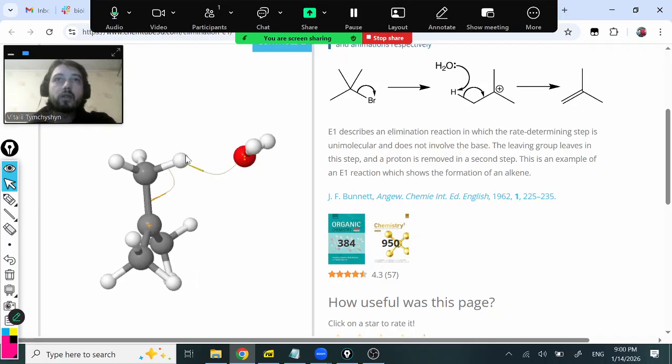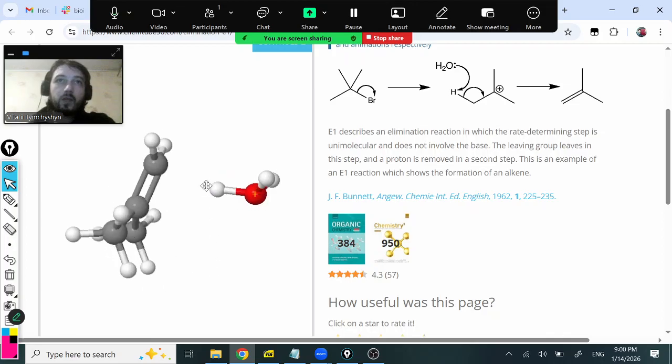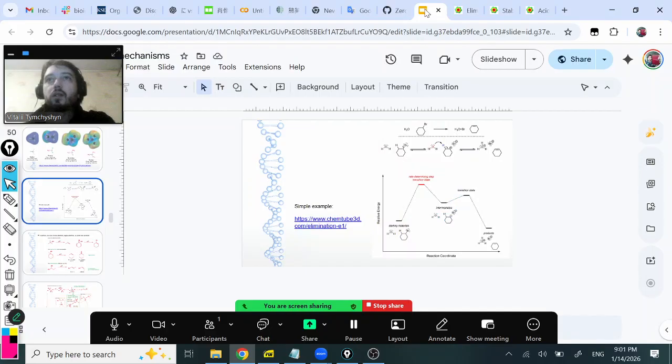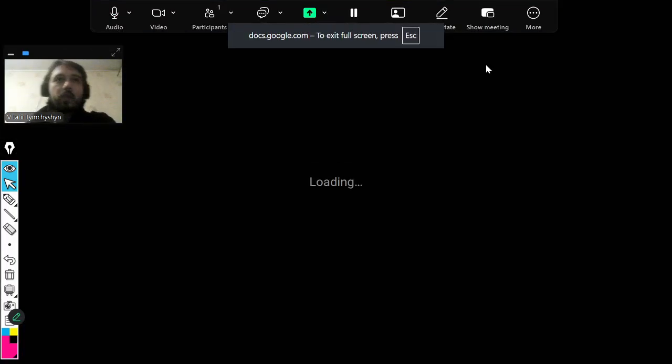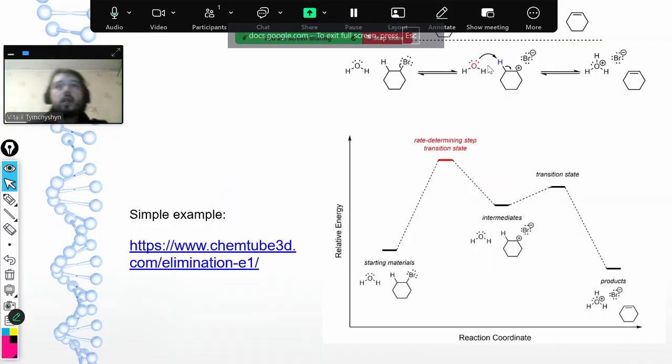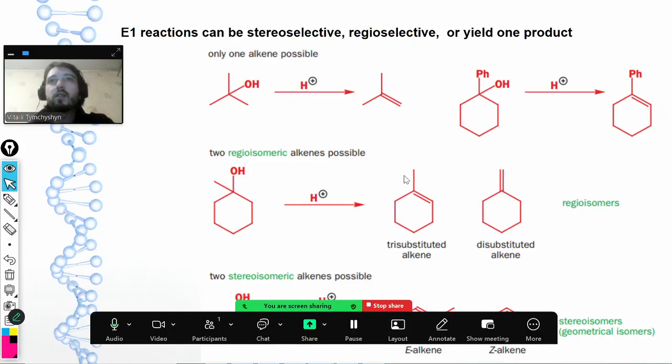Here we have water that will abstract one of the hydrogen atoms, so it takes a proton away, and here we have our double bond formed. Good. Well, maybe I should stop saying hydrogen atoms, because basically a proton is abstracted, so the electrons are still in place and used to form certain bonds, but I guess you get the idea.